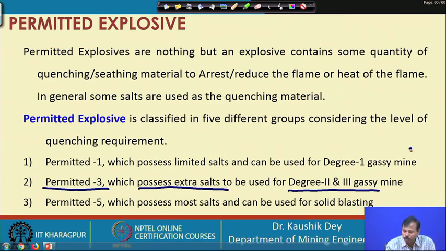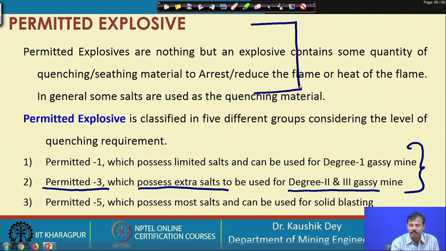But for these two cases, we have used the first technique. The first technique means the release of methane to the atmosphere is carried out beforehand. So, in these first two cases, the release of methane is carried out by providing a small cut in the face ahead. Suppose this is the face where blasting has to be carried out.